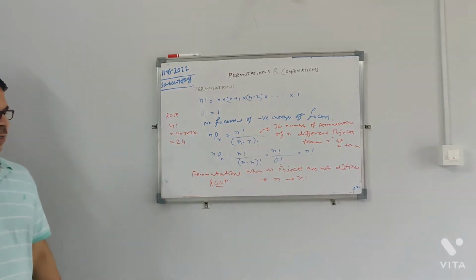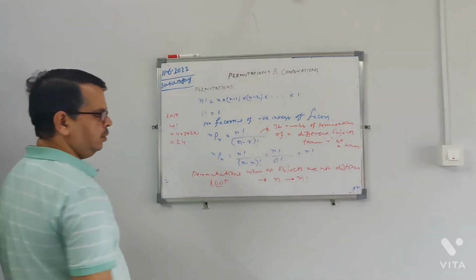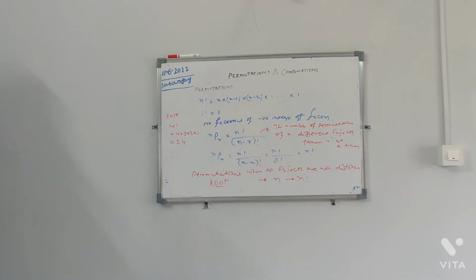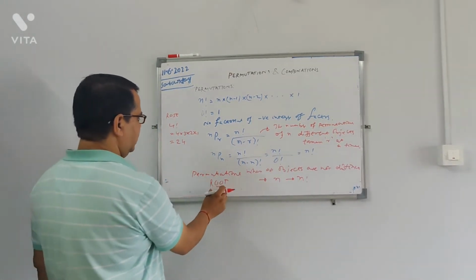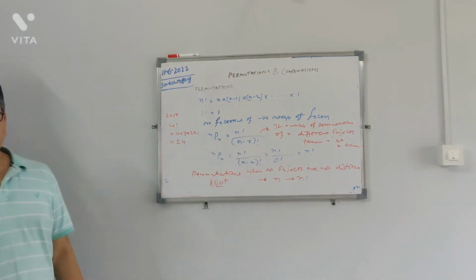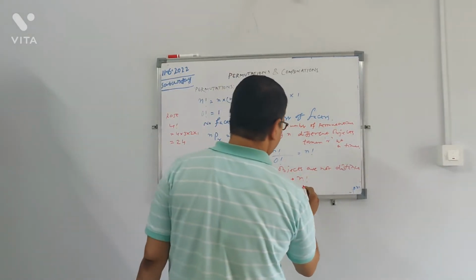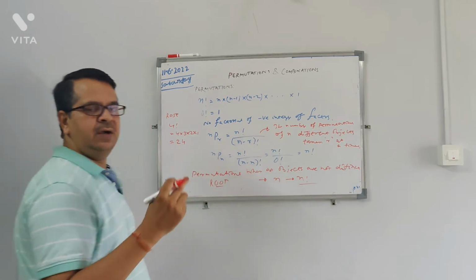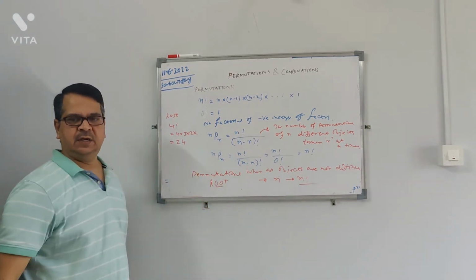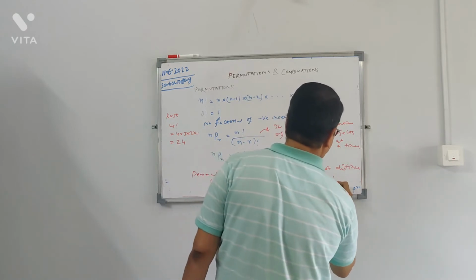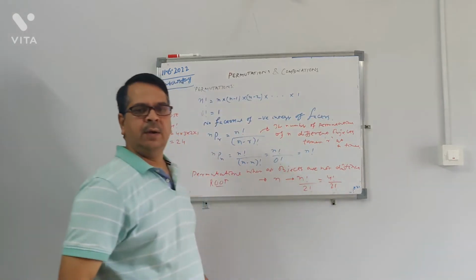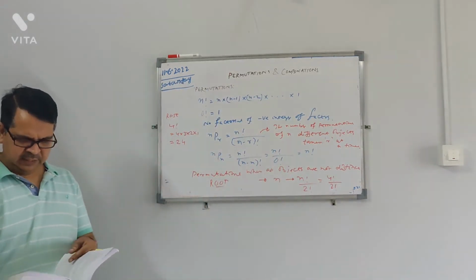But now if you go to the word ROOT, what will be the number of arrangements? This O will repeat, so the number of arrangements will be n factorial divided by the repetitions, which is 2 factorial. So it will become 4 factorial divided by 2 factorial. That is if there is repetition.